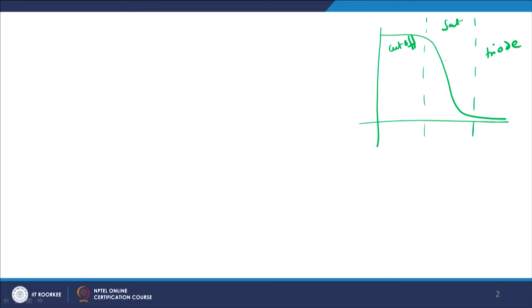So, if you bias your device somewhere here, with this to be V in and this to be V out, then I will be able to achieve a gain which is given as AV equals minus RD times mu n C oxide W by L into VIQ minus VTH, if you remember correctly from your previous turn.